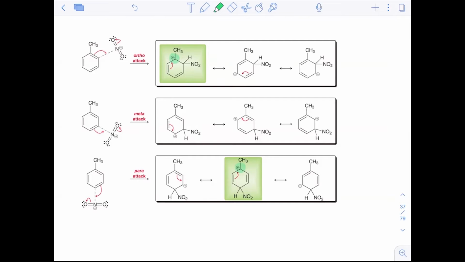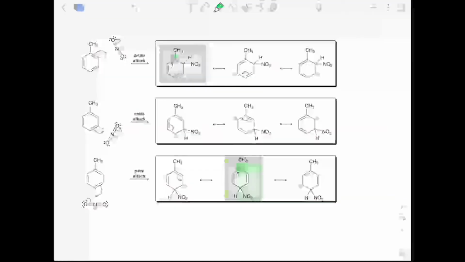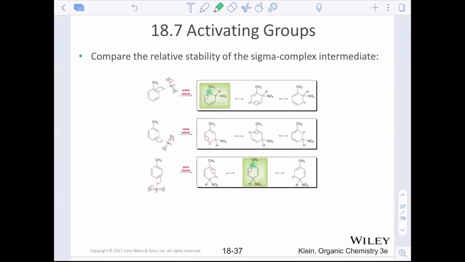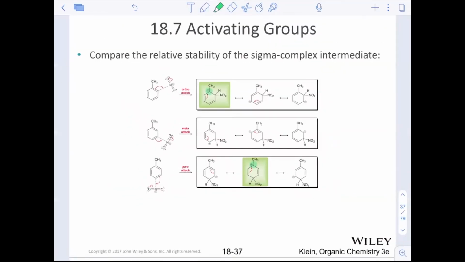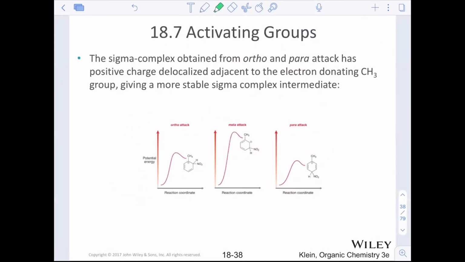Those decrease the energy of the sigma complex and make it more stable. The sigma complex obtained from the ortho and the para attack has a positive charge delocalized adjacent to the electron donating group, giving it a more stable sigma complex. And so those are the two intermediates that most likely form, the sigma complex from ortho and the sigma complex from para.